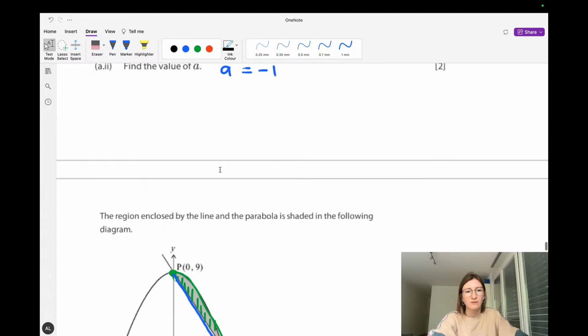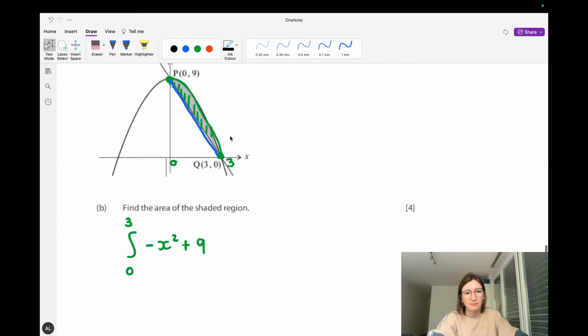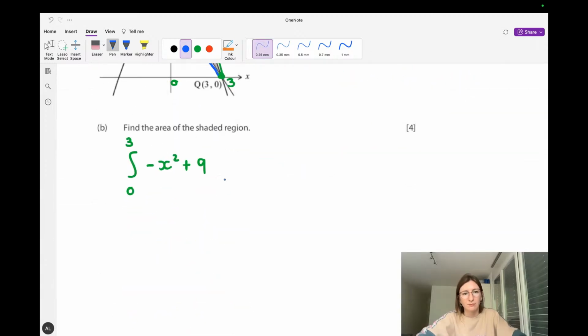And the equation of that was minus 3x plus 9. So that's right, minus, let me put it in blue, 3x plus 9. I'm writing it in brackets because we're minusing, so we really don't want to get caught out there. When in doubt, brackets. And then we've got our integral that we've got to solve to find the area between.